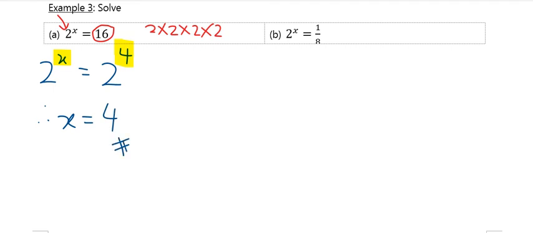Right? So that's simple enough. And let's have a look. When we have 2 power x equals 1 over 8. Now 8 is actually 2 times 2, 4 times 2. So you can change the right hand side. 1 over 8 becomes 1 over 2 power 3. Now you can see that the left is actually 2 power x over 1, and the right hand side is 1 over 2 power 3, which is not the same yet.